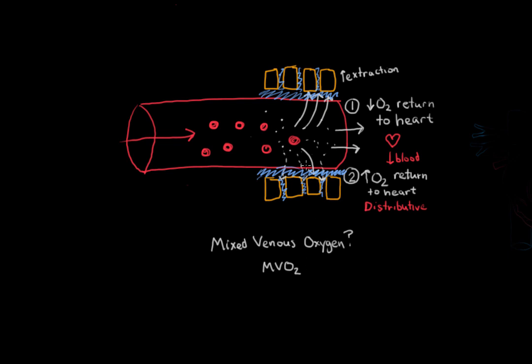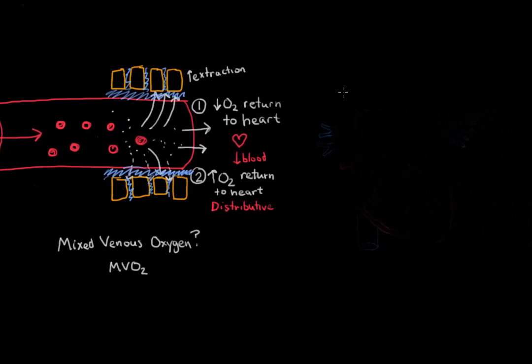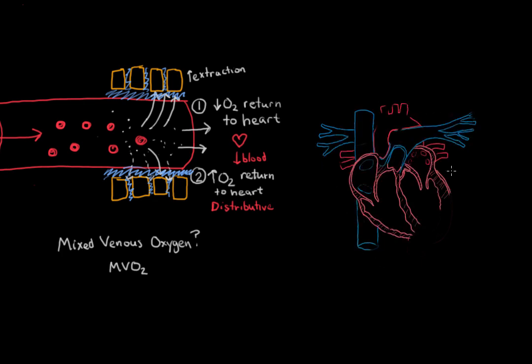It's really hard for us to measure how much oxygen is getting pulled from the tissues at each individual tissue. So what we can do is look at the right side of the heart. Over here I've drawn a heart, and you can see that blood returns to the right side of the heart through the superior vena cava, right here, and from the inferior vena cava.